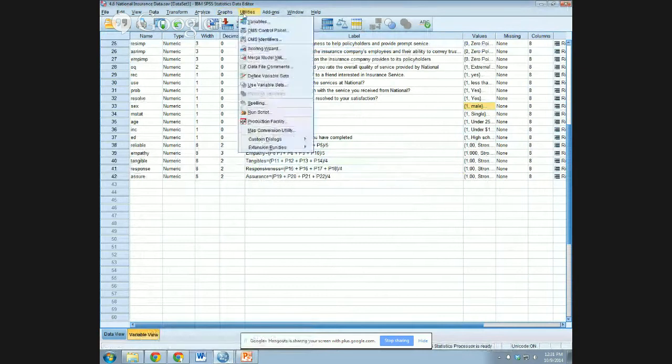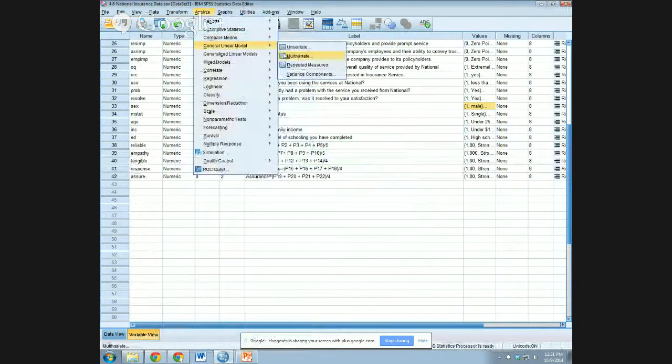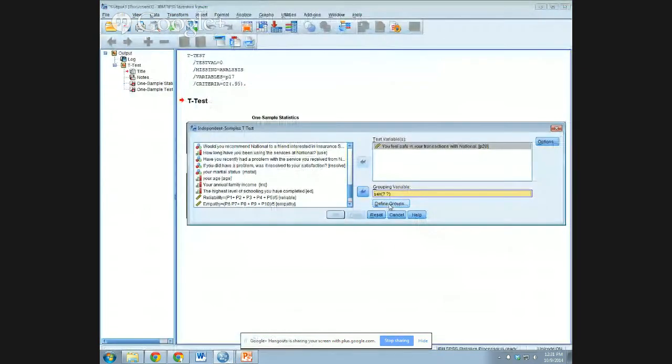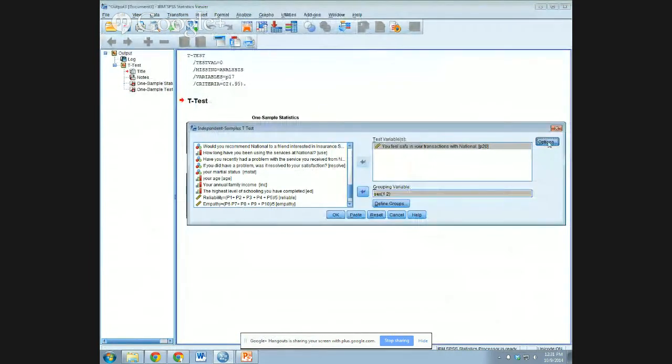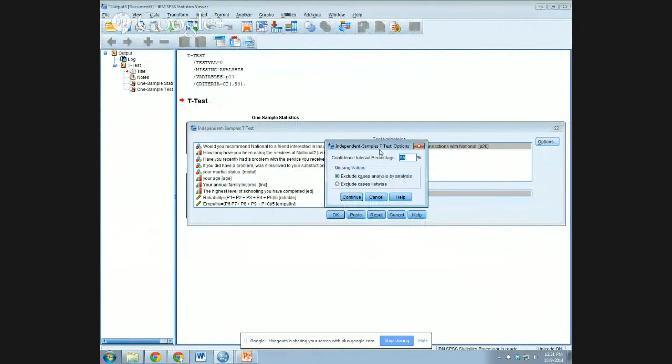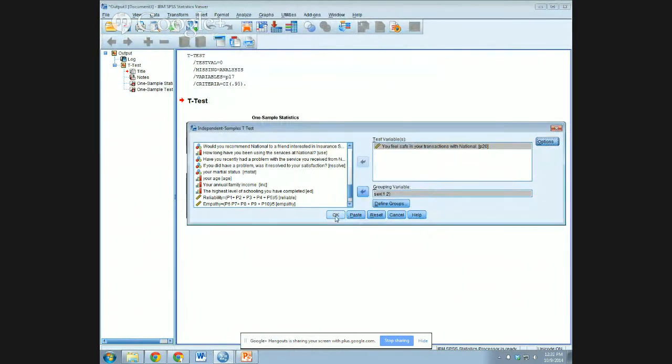So I'm going to go back here and go to analyze, compare means, independent samples. I'm going to define group 1 and group 2, okay? And if I go into this, I see my confidence interval, and I'm going to leave that for now. Now, when I hit OK, I have my test variable and then my grouping variable, which is sample 1 and sample 2.